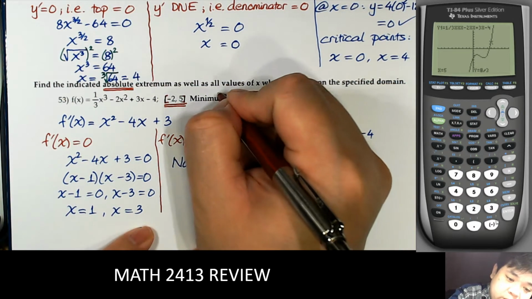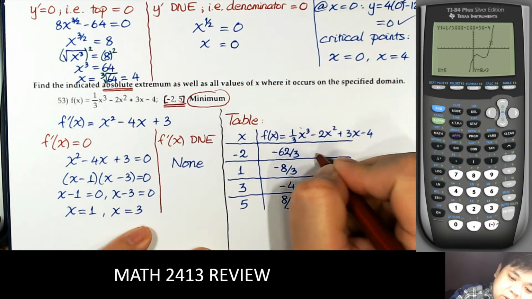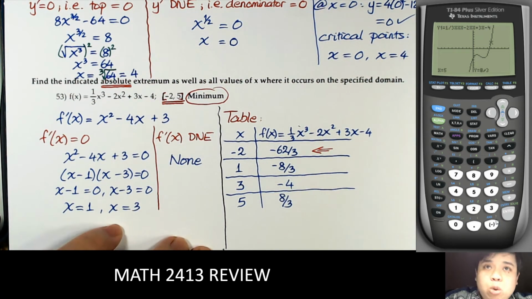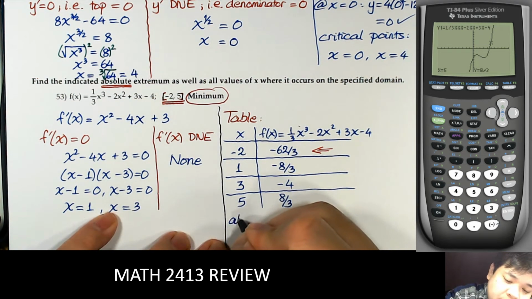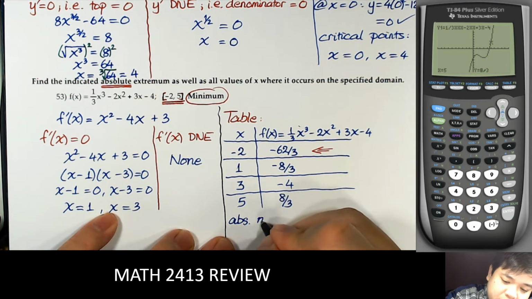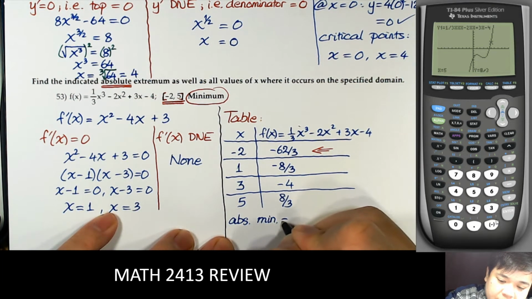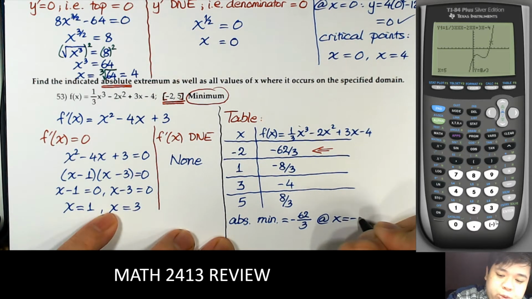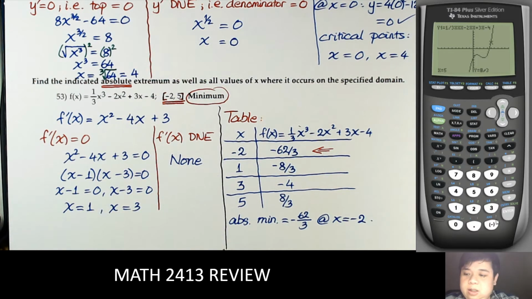So we're looking for the absolute minimum. So this one is the smallest one. So we say absolute minimum equal to -62/3 at x equal to -2.